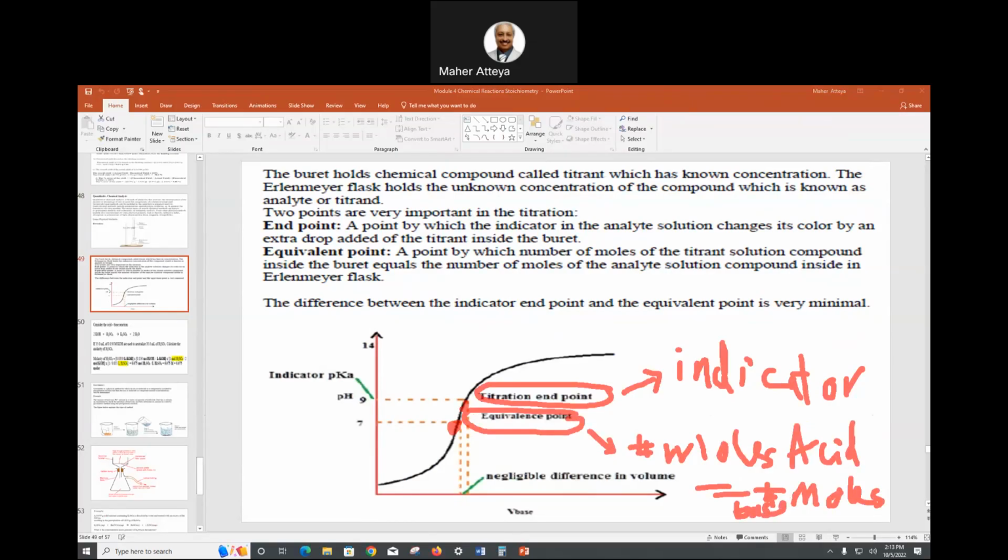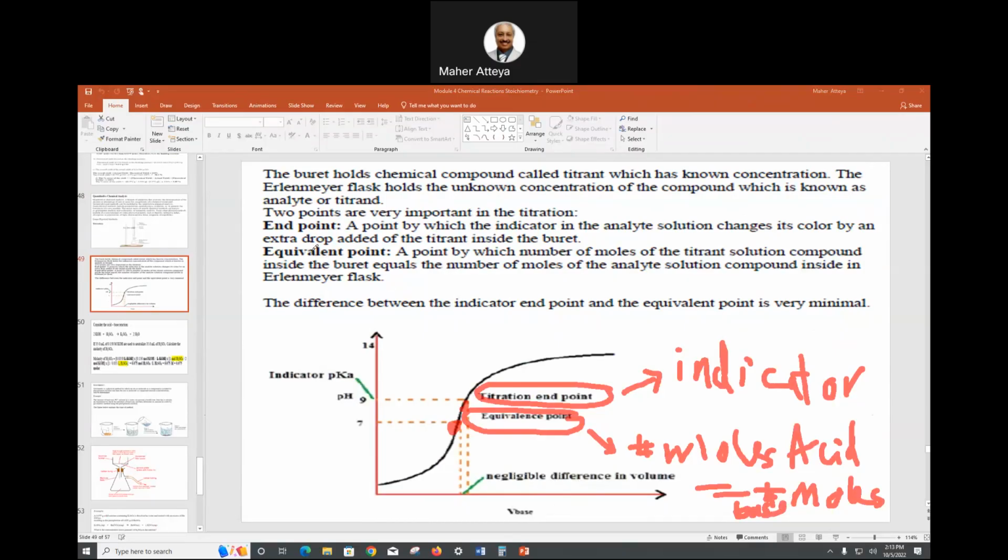The titration endpoint, you will see it when the indicator changes its color, whatever color, orange then red, or red, yellow, whatever color, then you spot it. But as a matter of fact, titration with the eye is not really recommended because there is an error. Although the error is very small, a negligible difference between the two volumes, still there is an error.